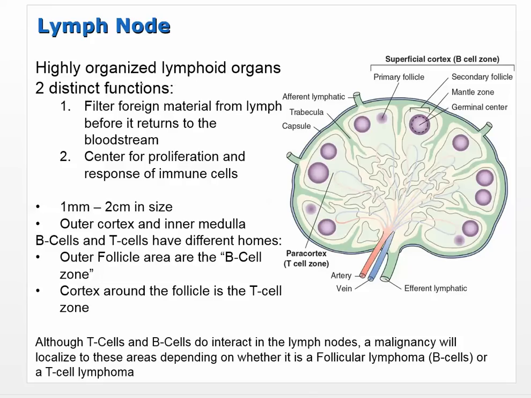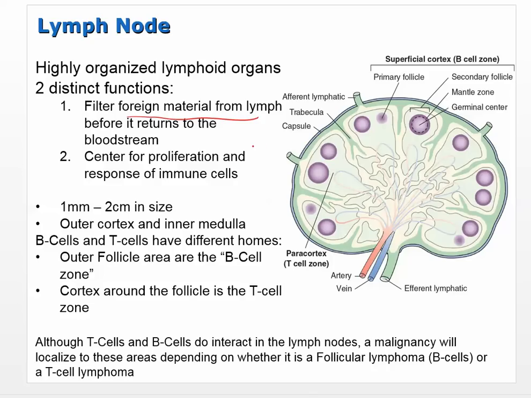Okay, so let's look at a lymph node. Highly organized, and so that may be how we're thinking of it differently. We're used to seeing the pictures of them, but now we can start to think about how they're different structurally. They have two distinct functions. They filter foreign material. So all of these bacteria, cell particles, stuff that ends up in your tissue can then move through these lymph vessels.